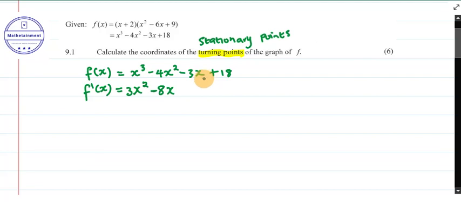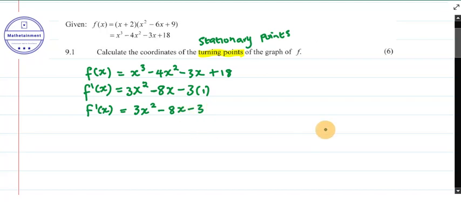So any real number to the power of 0 is equivalent to 1. So it's minus 3 multiplied by 1. Okay. From there, you know that f prime of x can be written as 3x squared minus 8x minus 3.